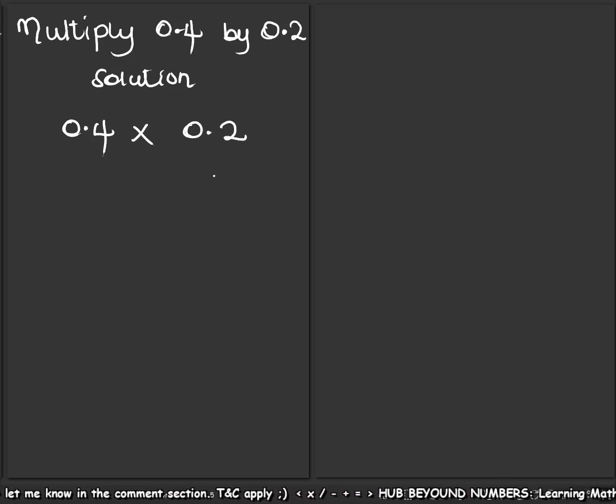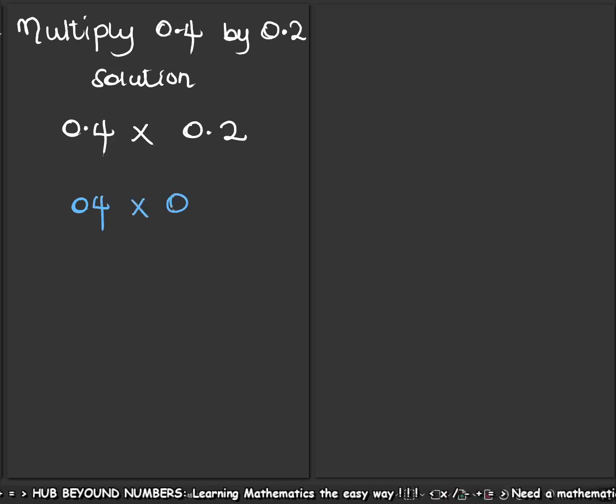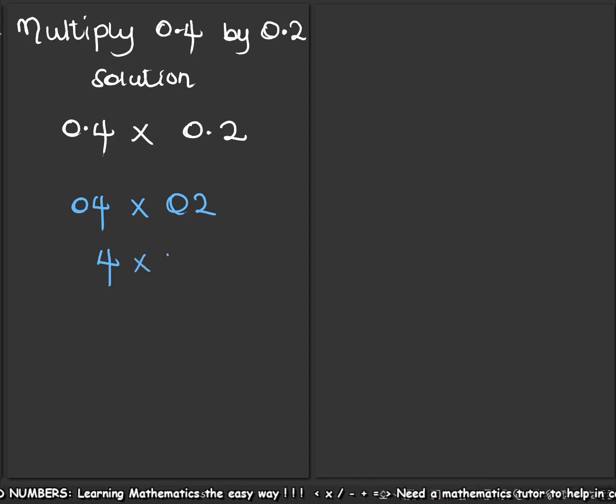What we want to do is take the numbers as if there was no decimal, so instead of 0.4 times 0.2, this is actually just 4 times 2, because 0.4 is just 4 and 0.2 is just 2. You know 4 times 2 is what?